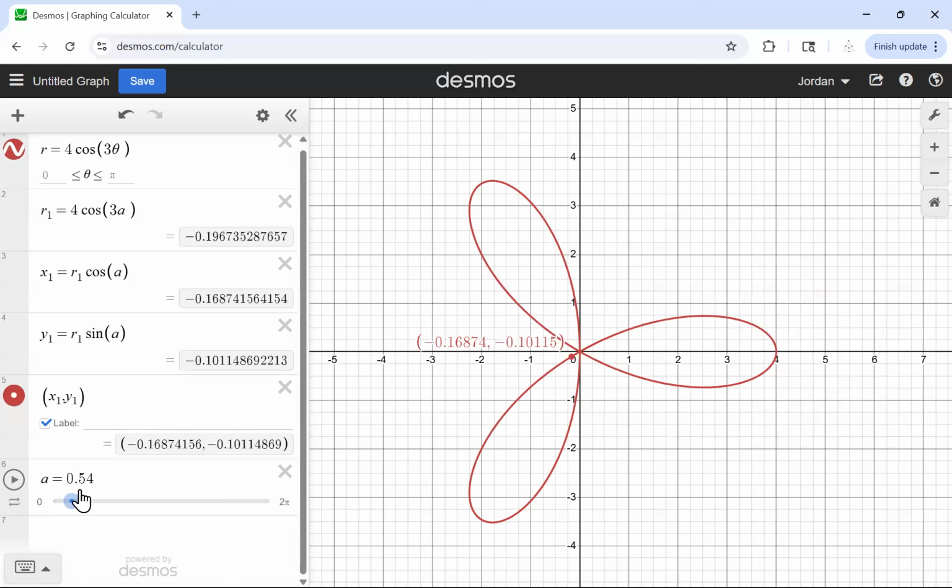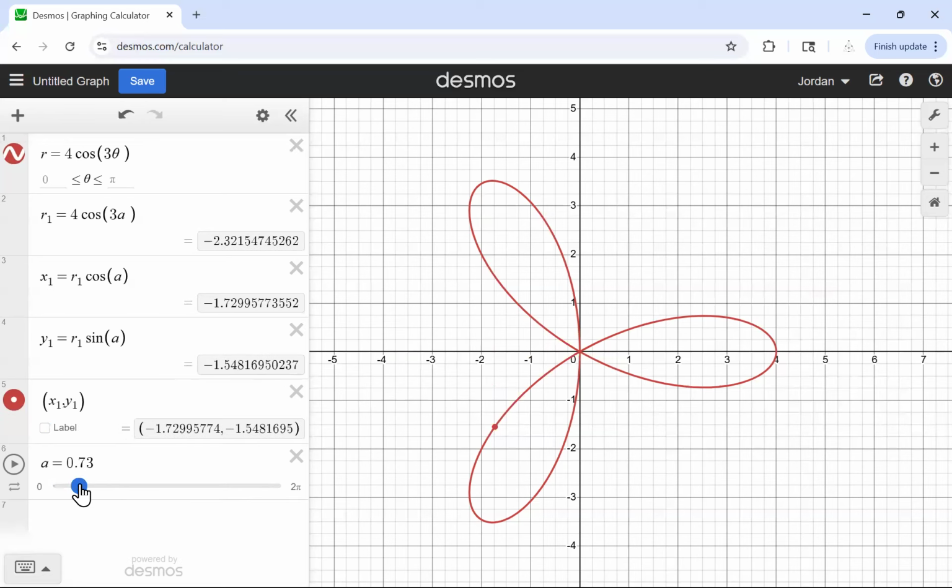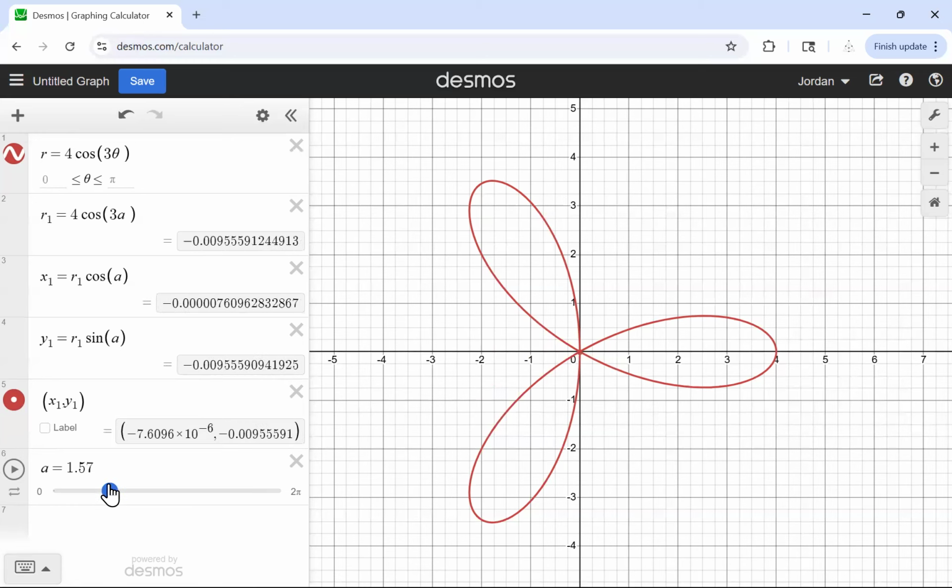This is A here. And then we keep going. And when the theta comes back about somewhere close to 1.57, then we hit that origin again. So I just have to figure out, what do I think the angles are going to be? Well, 1.57 is about pi over 2.